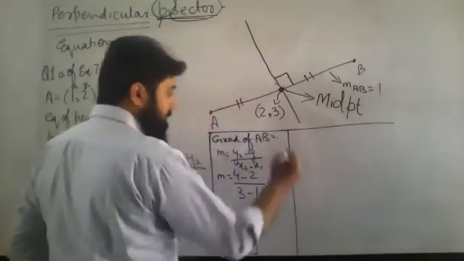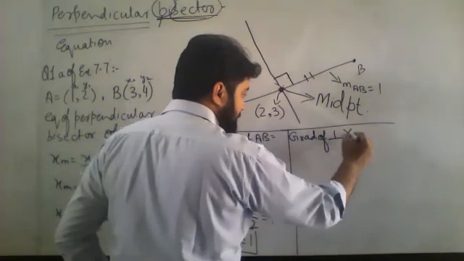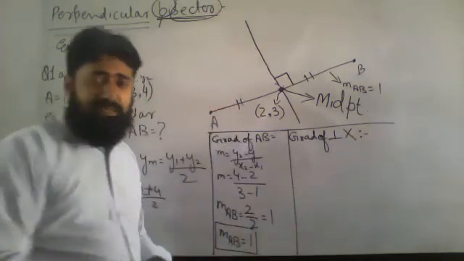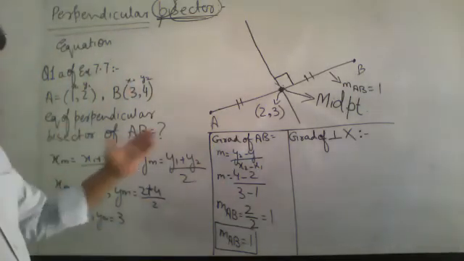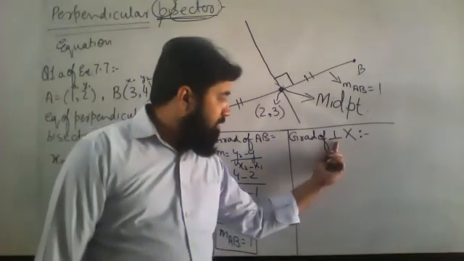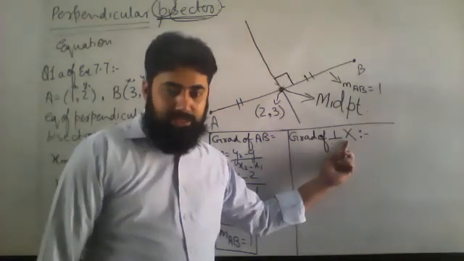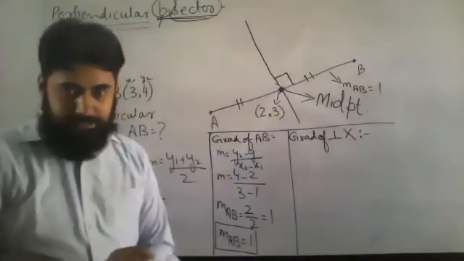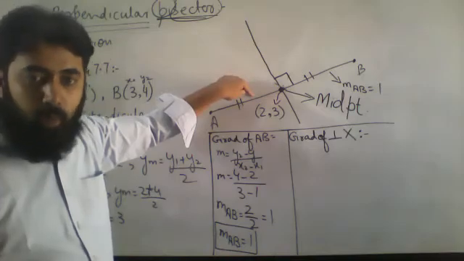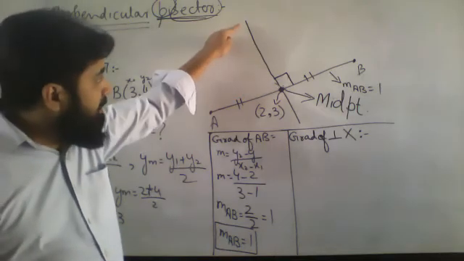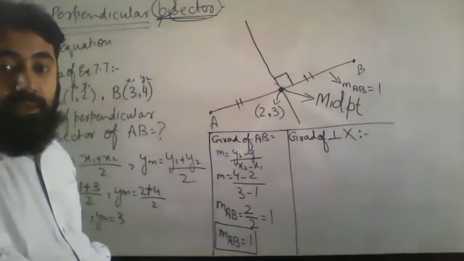So what will be the gradient of the perpendicular bisector? This is just symbolic. I always use it to save myself from writing perpendicular bisector again and again, so I write the symbol of perpendicular and the symbol for bisection. Now the gradient of this line is 1, so the perpendicular bisector gradient will be the negative reciprocal.